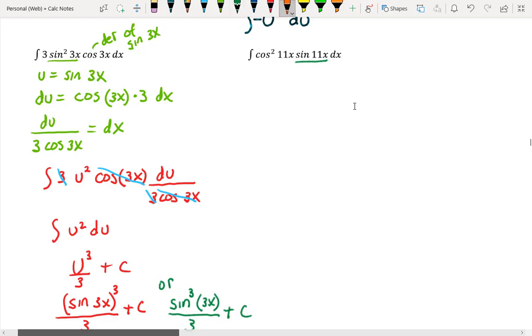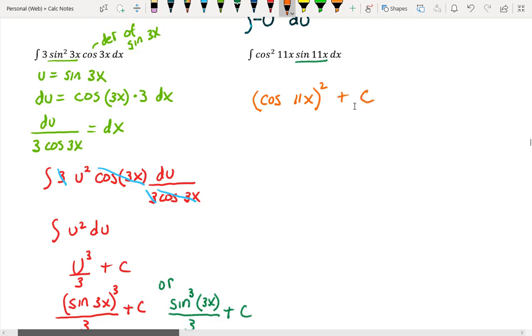I see that, well, let's just look at it. If I take cosine squared of 11x, and actually I'm going to write that a little bit differently. So cosine of 11x squared. So let's say I thought that that was my antiderivative right there.